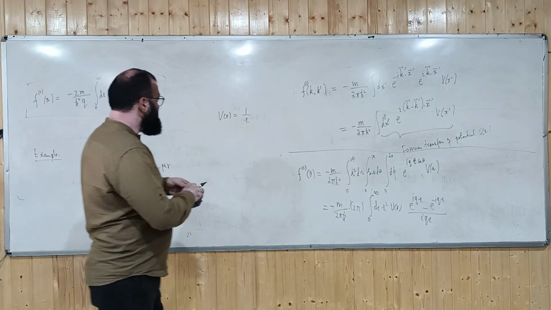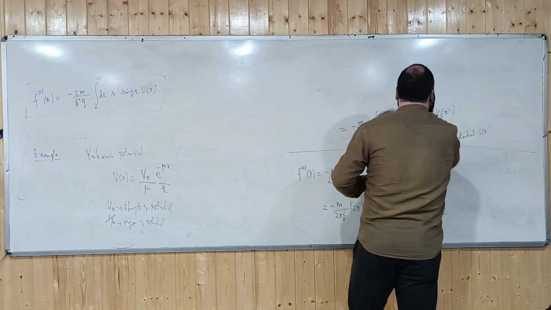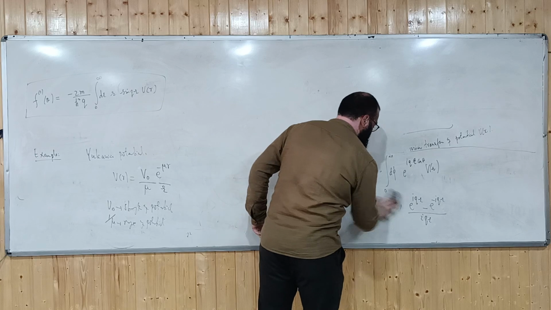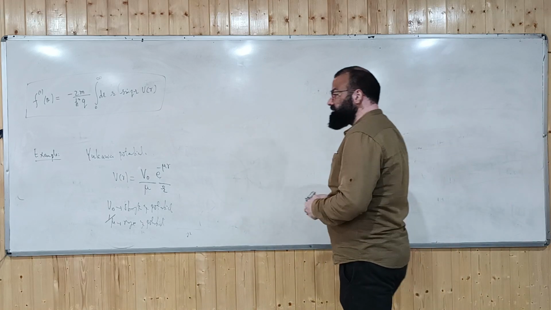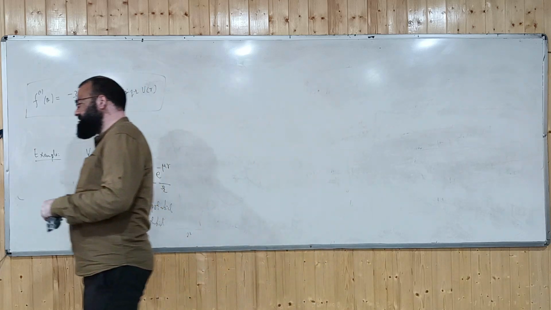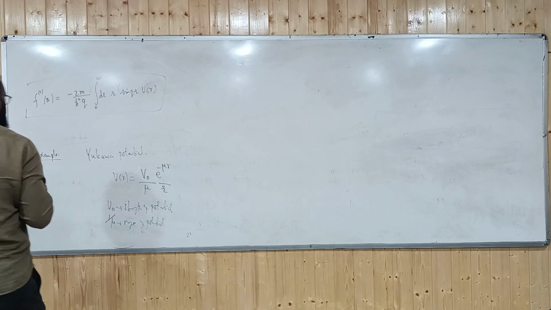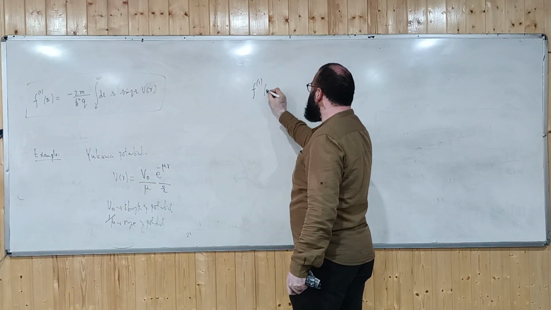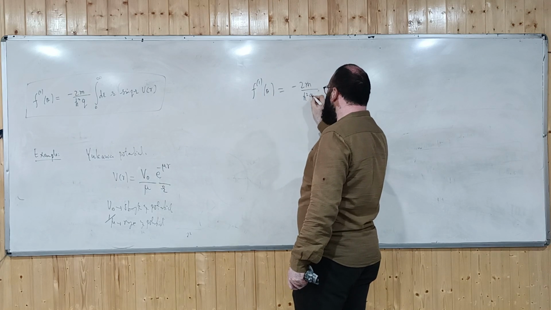Let's plug in this value here. Therefore our f1 of theta in this case is equal to minus 2m by h cross square q.